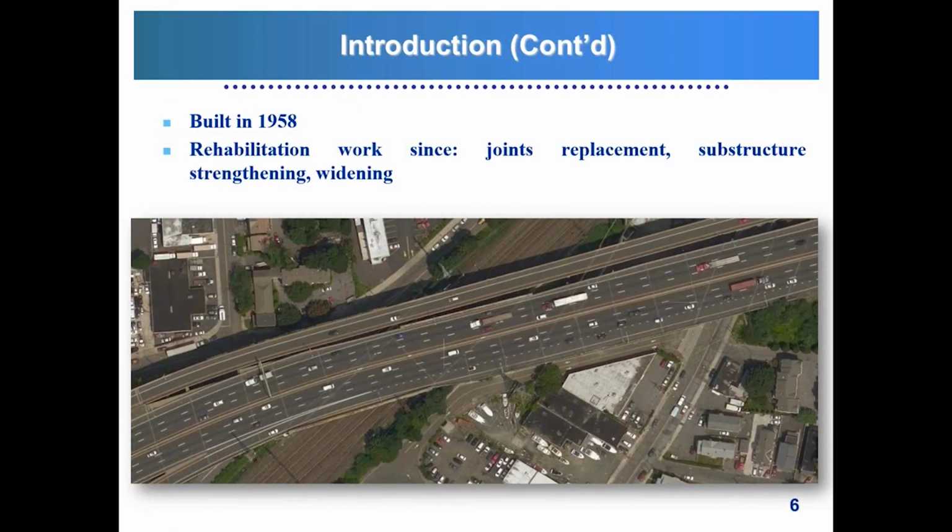Bridge 32 was built in 1958, and since then it has undergone a lot of renovation projects, and this work includes joint replacement, substructure strengthening, bearing replacement, and widening of I-95. And actually, if you take a look over here, this is the original width of the bridge, and as you move towards the right in this picture, you can see the roadway becomes wider.